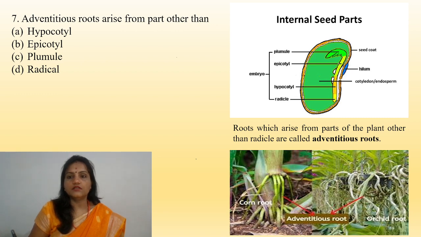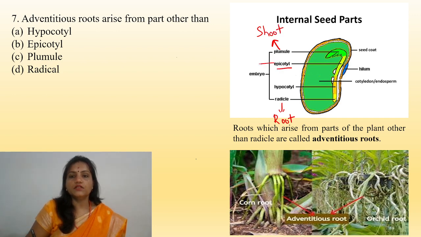See, this is a seed, internal parts of a seed. A seed has got radicle, which gives rise to the root system, then plumule, which gives rise to the shoot system, then epicotyle is the region present above the cotyledon.